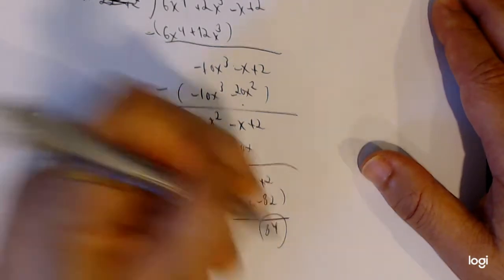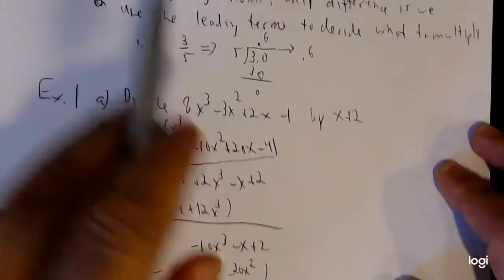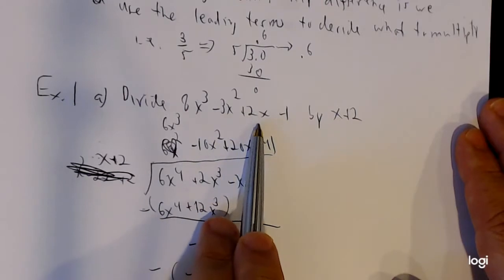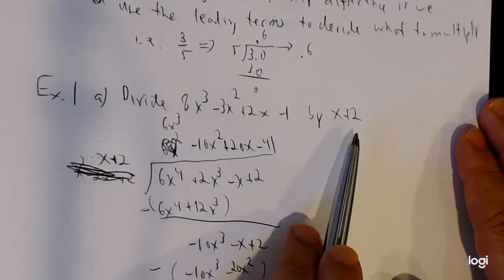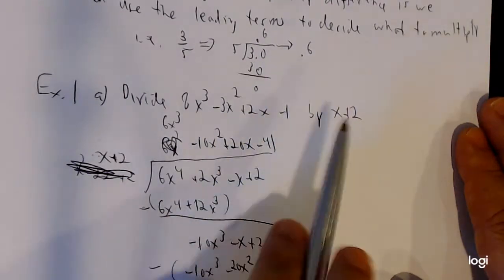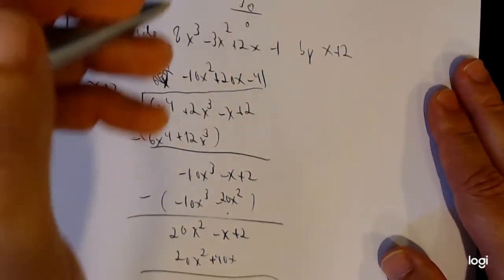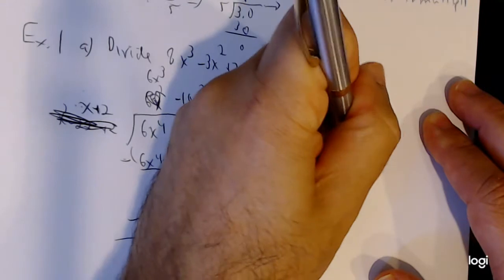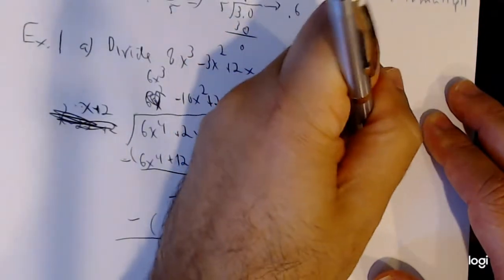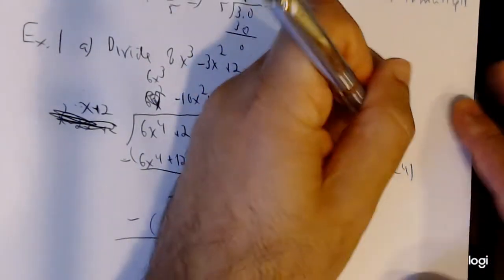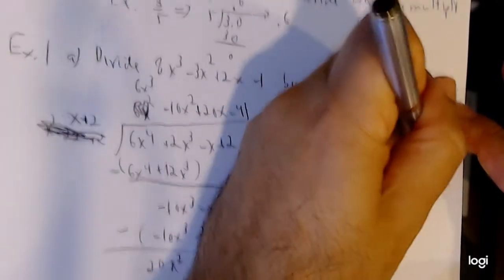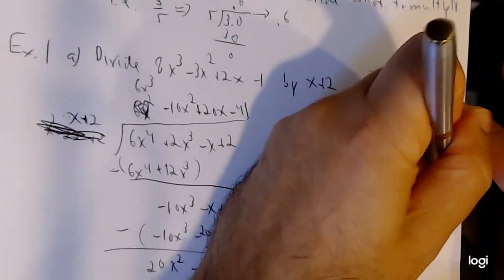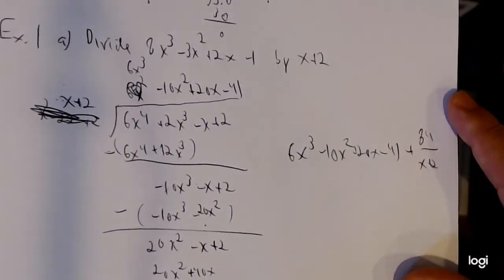So this was my remainder. So in other words, when we divide 8x cubed minus 3x squared plus 2x minus 1 by x plus 2, we end up getting 6x cubed minus 10x squared plus 20x minus 41 plus 84 over x plus 2. And this is basically the remainder that we had.